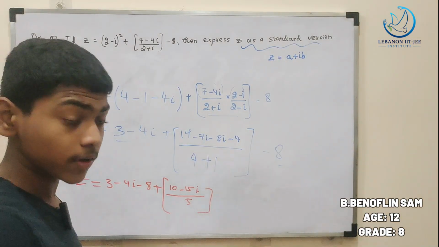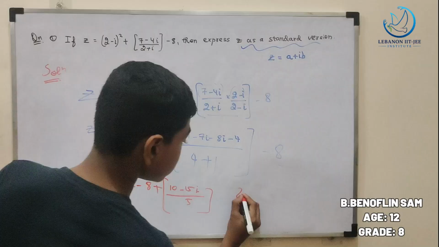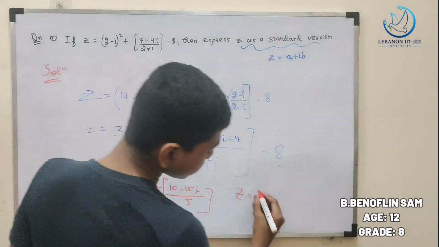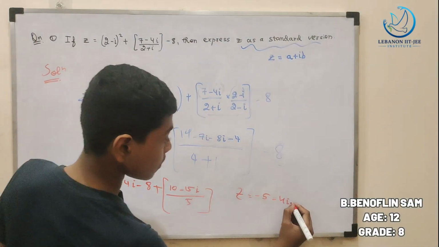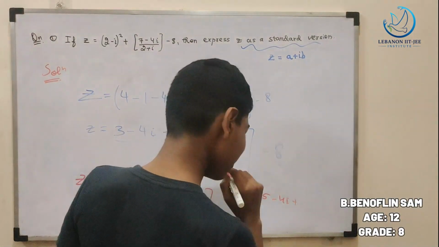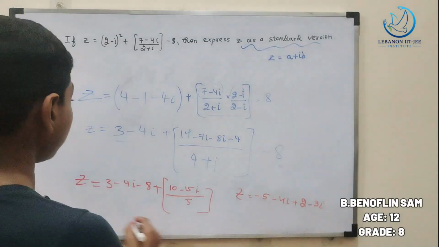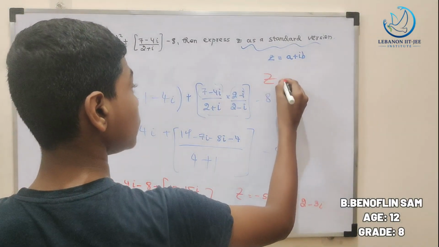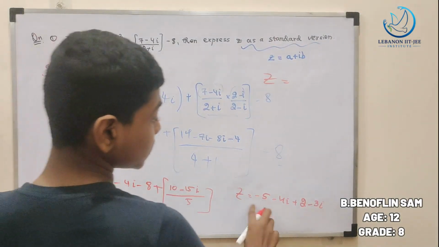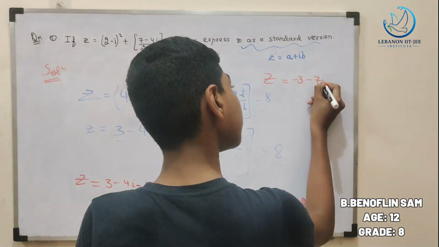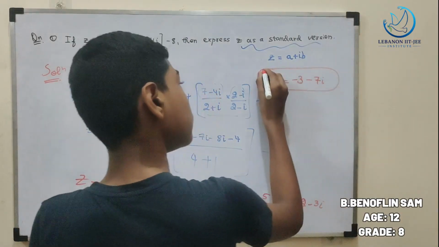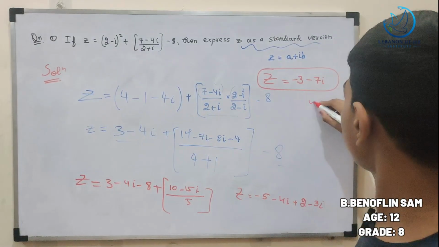If you take 5 common, we can cancel, and we get z is equal to 3 minus 8, which is minus 5 minus 4i plus 2 minus 3i. So the answer is z is equal to minus 3 minus 7i. This is the correct answer for this question.